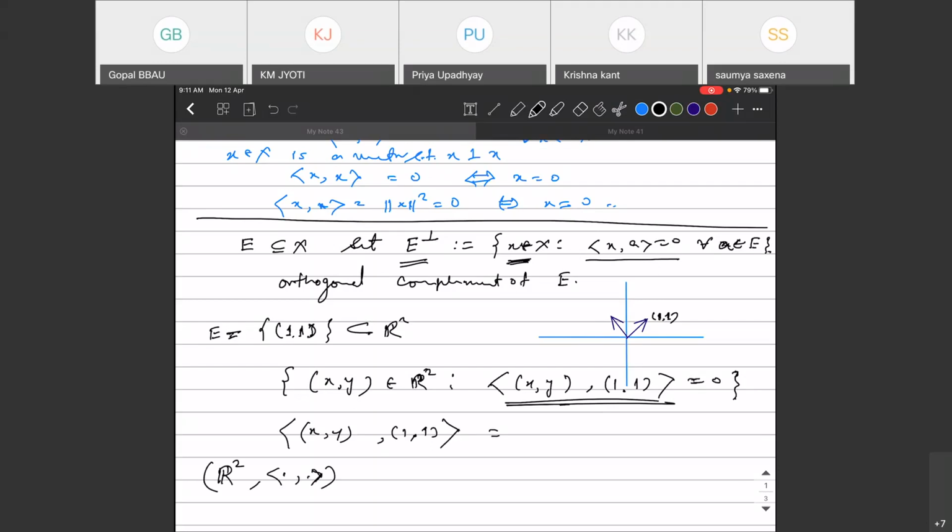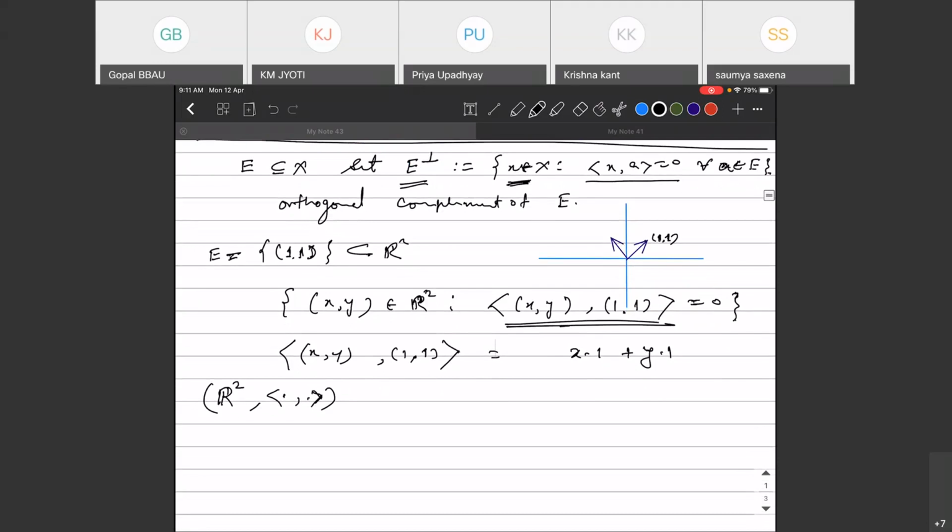It is defined pairwise and added: x into 1 plus y into 1. So in R2 this is the same as the dot product that you already know.